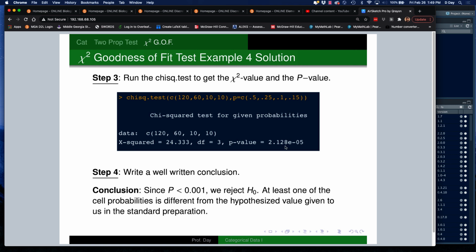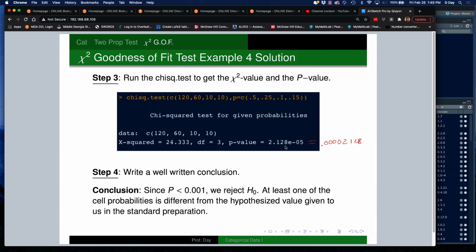So that 2.128e-5 is really equal to 0.00002128, with four zeros, I think. Yep, double checking myself. That's a really small p-value.